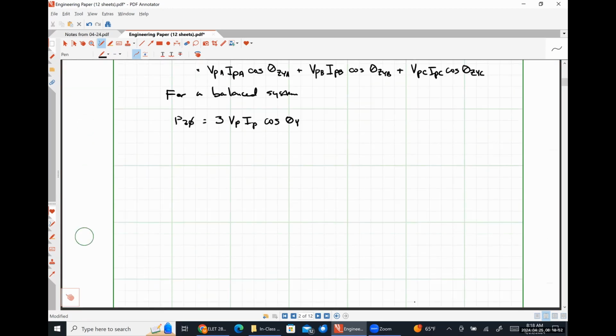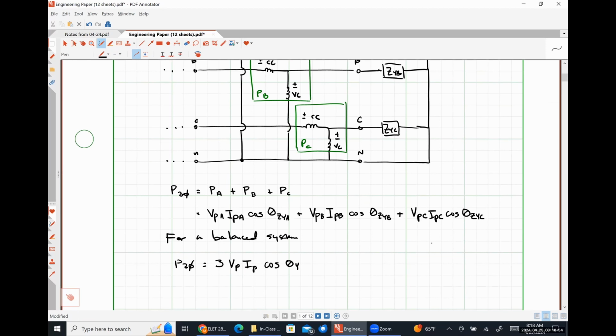The balanced equation: 3 VP IP cosine theta y, which is literally just 3 times the thing measured by the watt meters. So in a balanced system, all 3 of those watt meters would give you literally the exact same reading.